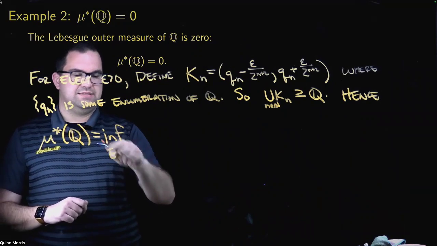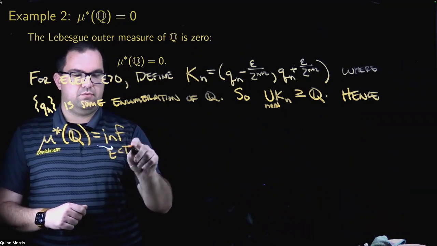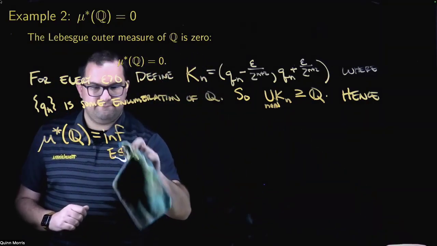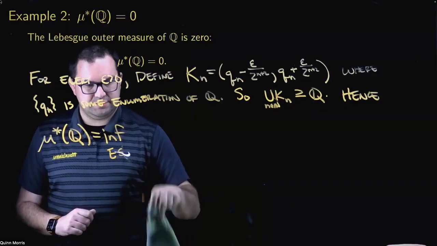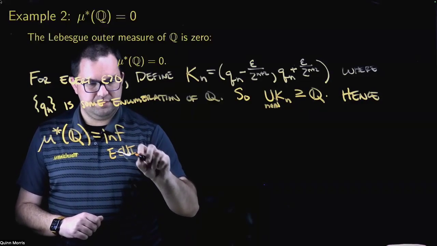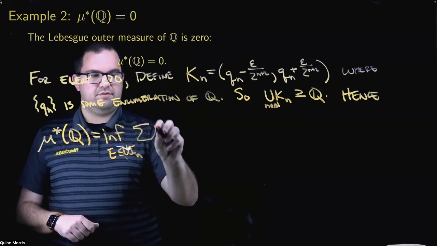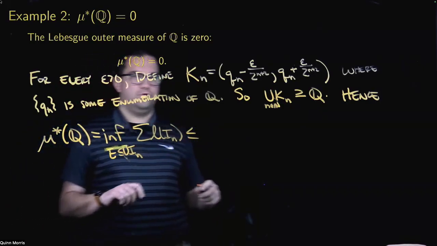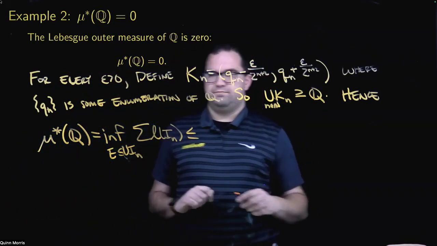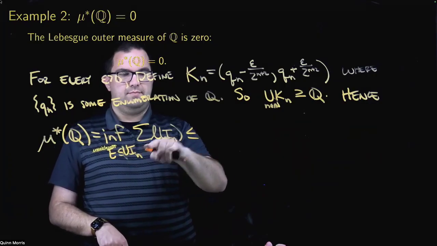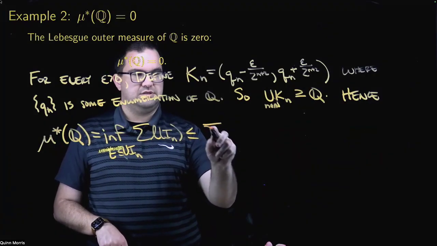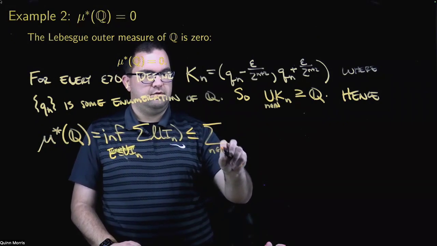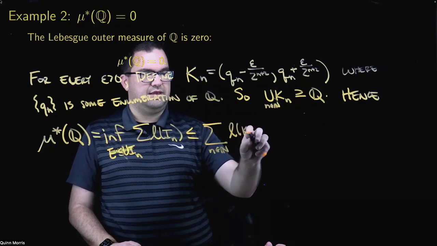The reason I don't want to call these I's is that I shows up in the definition. So if I look at the infimum over all open covers, the notation here is just a little messy, of the sums of the lengths of the I_n's. Okay, well now we're looking at a particular open cover. So the infimum over all of them is less than or equal to any particular one. So this is less than or equal to the sum over the natural numbers of the lengths of the K_n's.